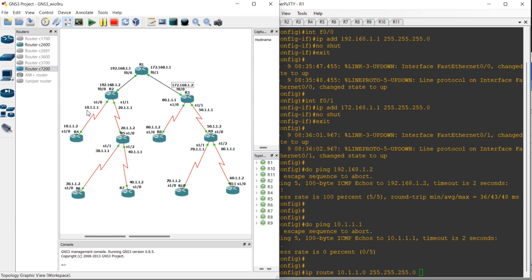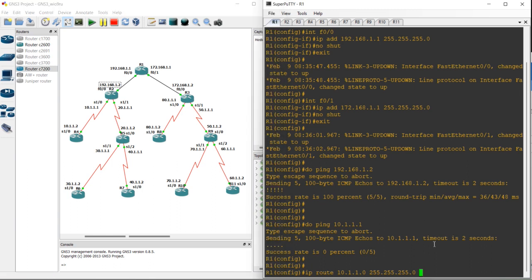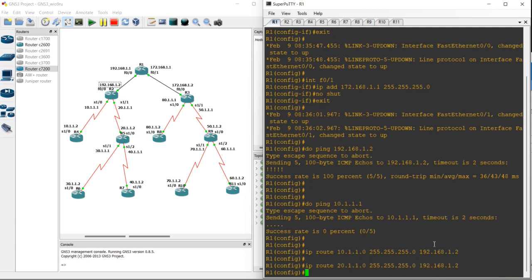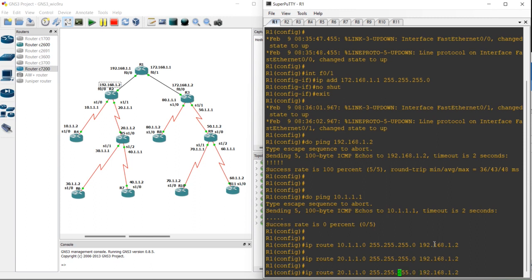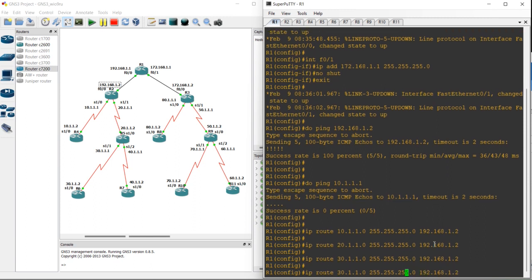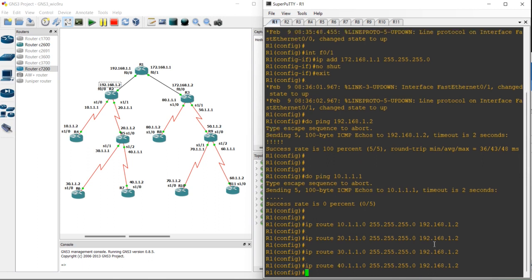Right now we are on router 1 and want to communicate with the 10s network, so the exit IP is 192.168.1.2. For the 20s network, exit IP same. For the 30s network, exit IP same. For the 40 network also the exit IP is the same.